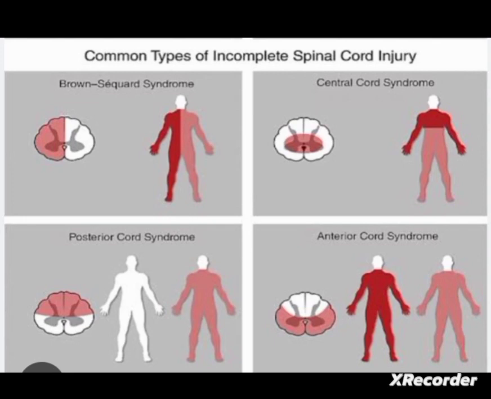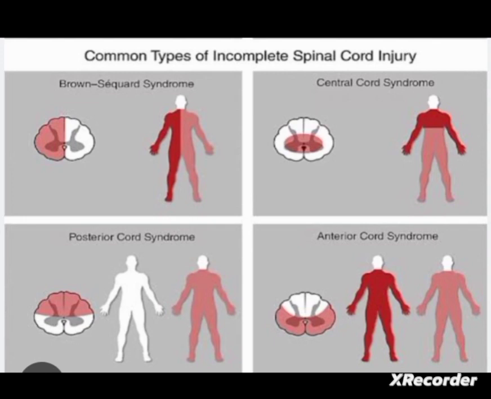But in case of incomplete cord injury or partial cord injury, it results in mixed loss of voluntary motor activity and sensation, and some tract will be intact here. That is known as the incomplete cord injury. Incomplete cord injury can be treated, and there may be a chance for good prognosis.